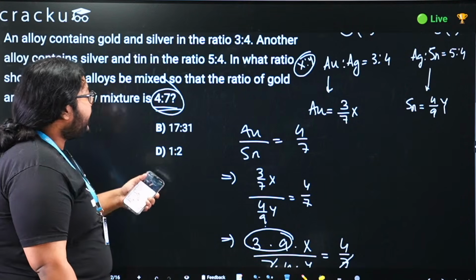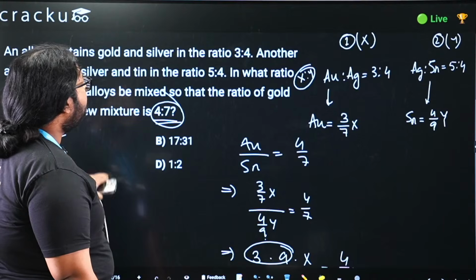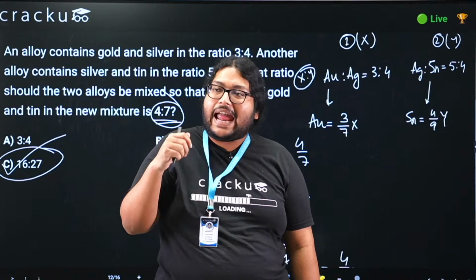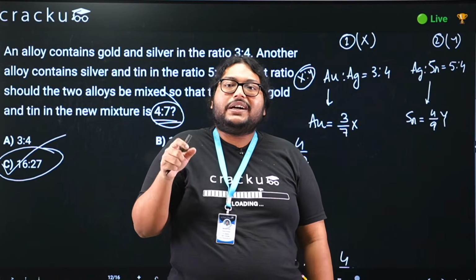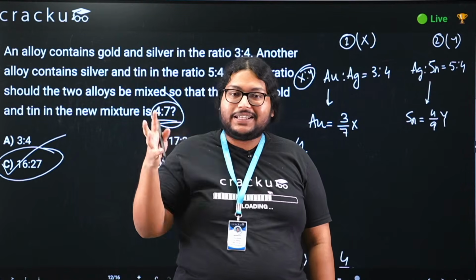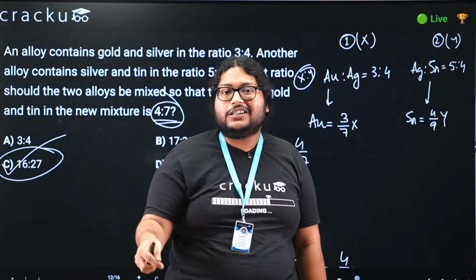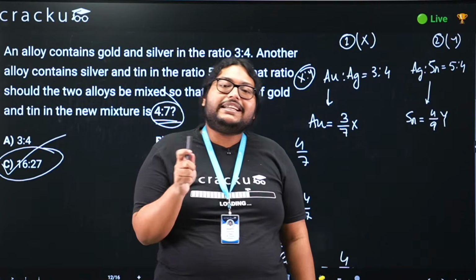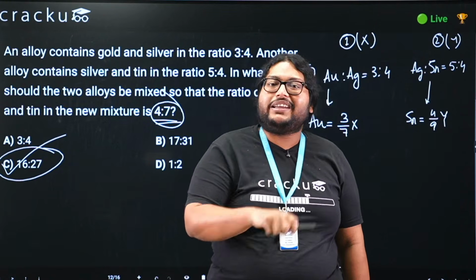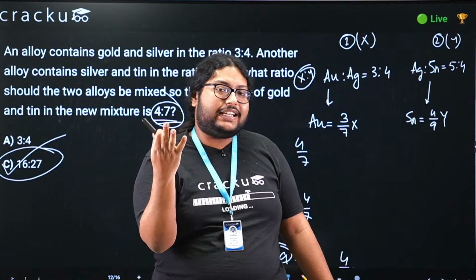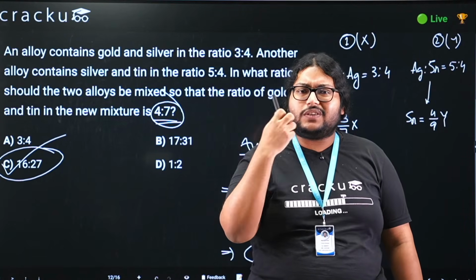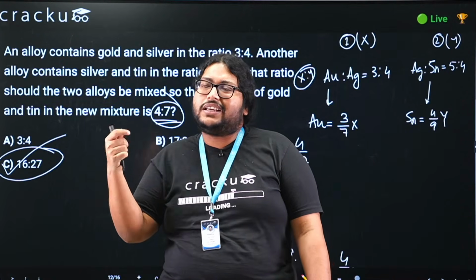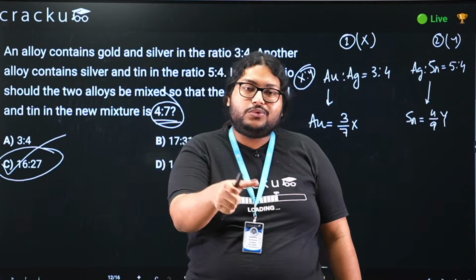I mean, we could try to solve this using the allegations method as well, but the allegations method is handy in some situations, but do not keep that in mind that whenever I see the word mixture, I have to use allegations, because many times allegations unnecessarily complicate things. If you are an enrolled student, or if you've seen one of our videos, you would have seen that sir always advocates not to think that you always need to do this allegation thing.